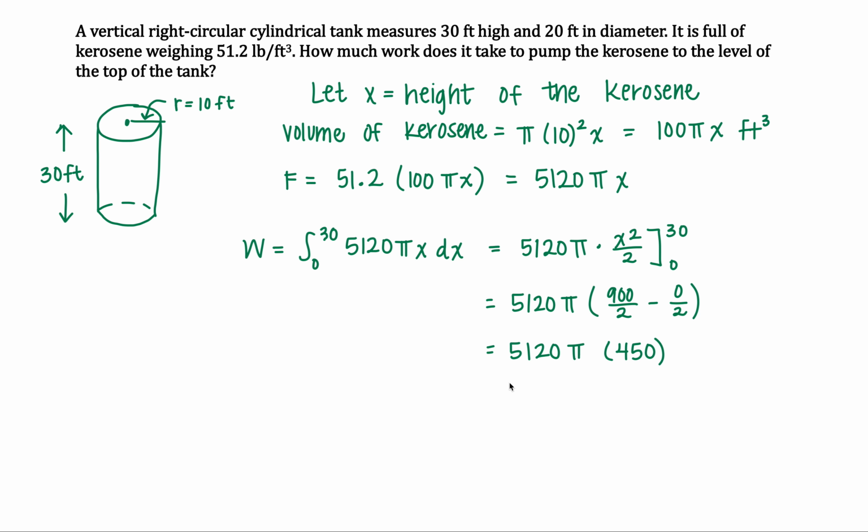And when you multiply, keeping it in terms of pi just for right now, you're going to get 2,304,000 pi. And this is going to be the foot-pound.